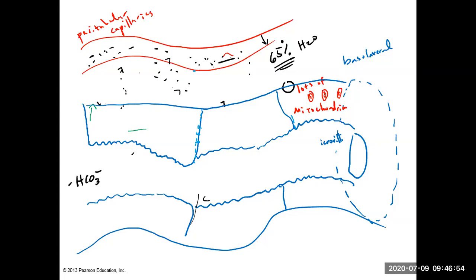All right. So HCO3 or bicarbonate happens to be a negative entity. As you know, negative things cannot go in, obviously, unless there is another mechanism involved.